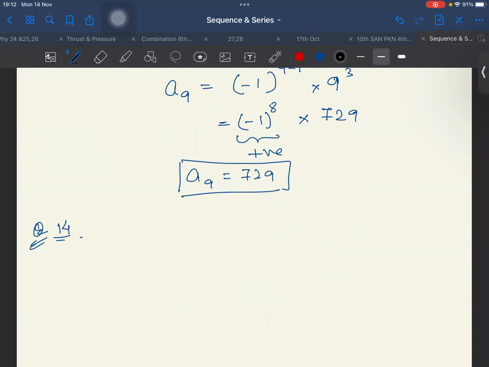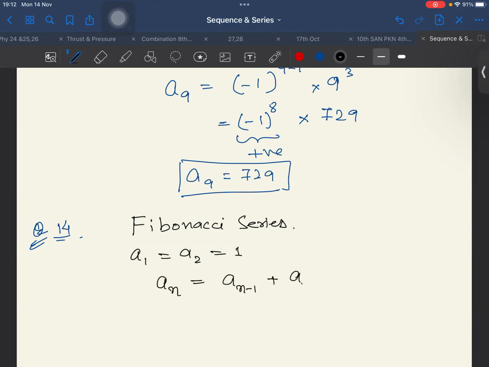See, for Fibonacci series, the first term and the second term have the same value. A1 is equal to A2, which is equal to 1. And the other terms, an can be found by an minus 1 plus an minus 2, if n is greater than 2.